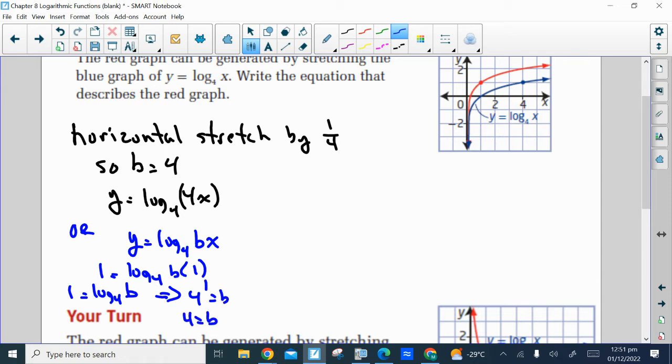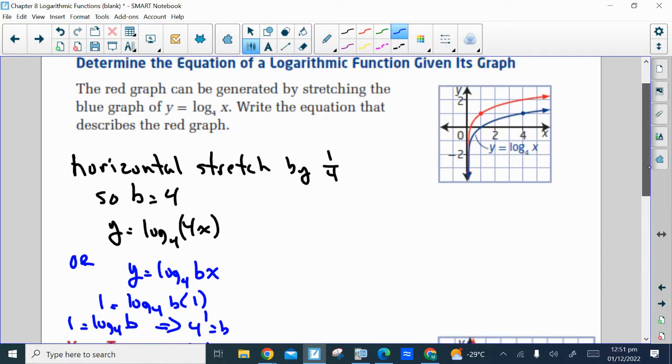So we did it by logic, realizing that there's a horizontal stretch of a quarter, so therefore the b value is 4. Then we also did it using an algebraic approach. Again, recognizing that there has been a horizontal stretch here.